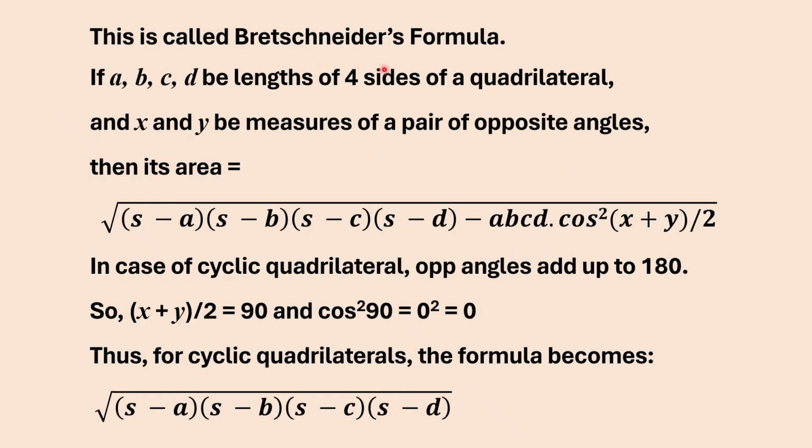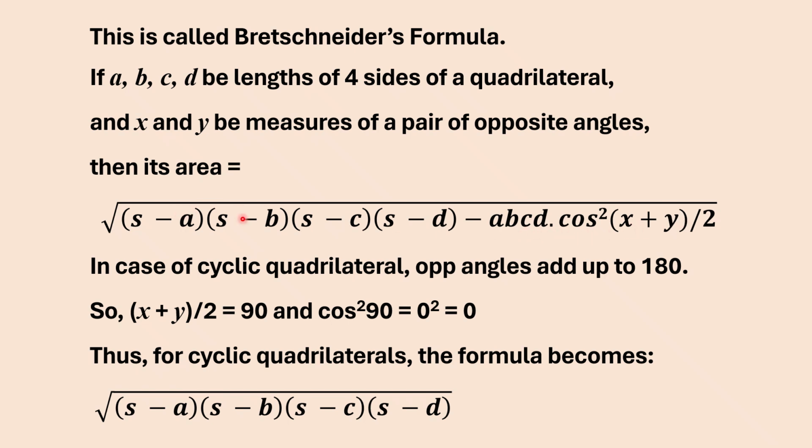This special formula can be used when you know the lengths of four sides and one pair of opposite angles. If A, B, C, D are the four sides of a quadrilateral and X and Y are the opposite angles, then the area is given by the square root of S minus A into S minus B into S minus C into S minus D, minus ABCD into cos square X plus Y by 2.